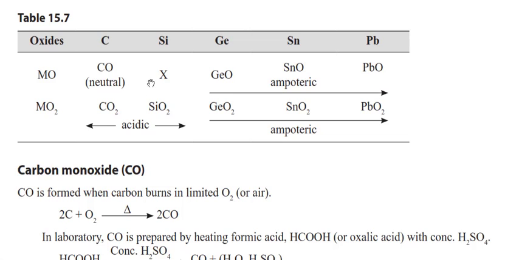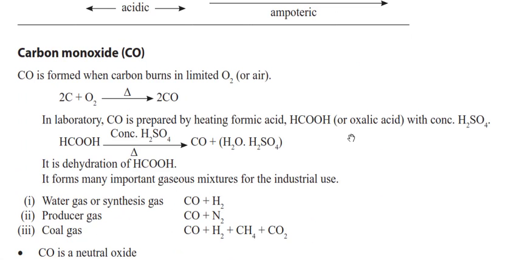CO is neutral, whereas the dioxide is initially acidic in nature, and then all are amphoteric in nature. Carbon monoxide, that we all know, is produced if you burn carbon with limited oxygen. In the laboratory you can easily produce it, but don't do it at laboratory level because it is also toxic.